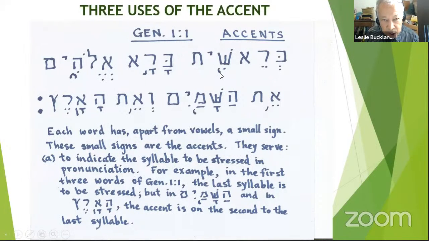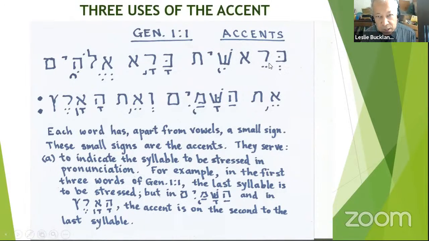Now, when you see the accent, it is a sign. It has different uses, as I will be talking about in the next few minutes. But when you see an accent, it means that you are to emphasize that particular syllable.